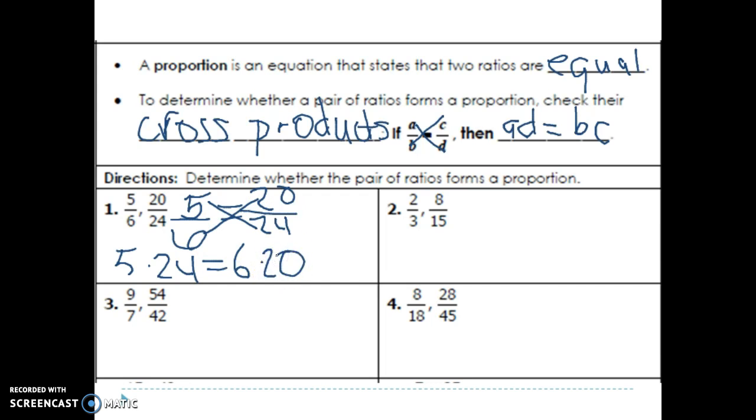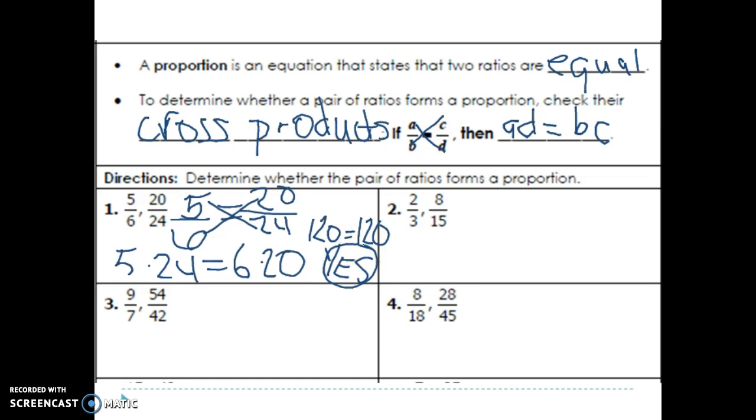And we want to see, is that a true statement? Well, 5 times 24 is 120, and we're saying that is going to be equal to 6 times 20, which is also 120. If these things are equal, 120 is the same thing as 120, then yes, we have a proportion.